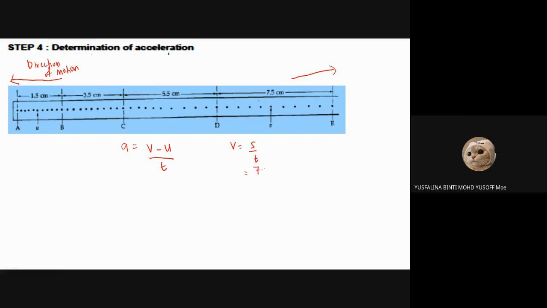How about the time? We have to count: 1, 2, 3, 4, 5, 6, 7, 8, 9, 10. So you have 10 ticks there. One tick is 0.02, so 10 ticks means 10 multiplied by 0.02. So what's the answer? What is the value of v here?